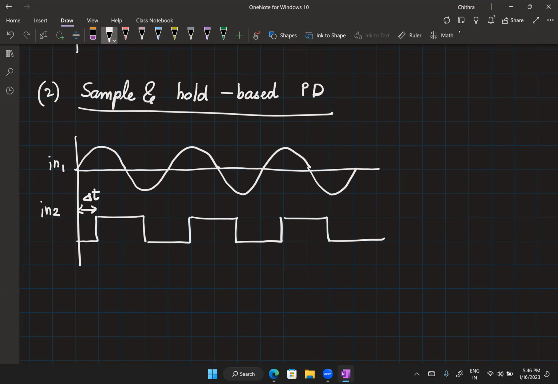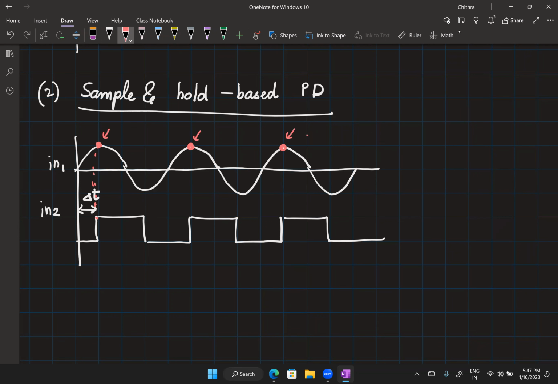Okay. So what we are going to do is sample in1 at the edges of in2. So we will have these voltages. I didn't draw it exactly equal. All right. So now these voltages are going to be my VPD value.